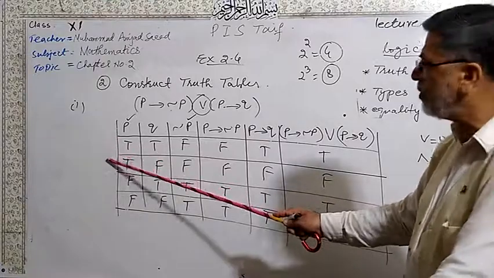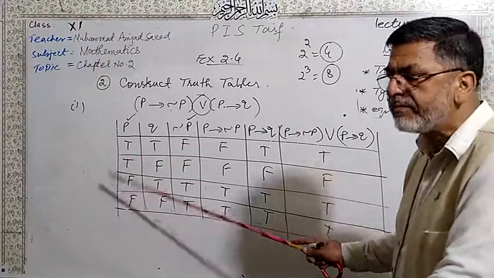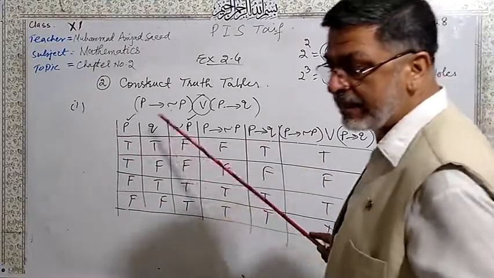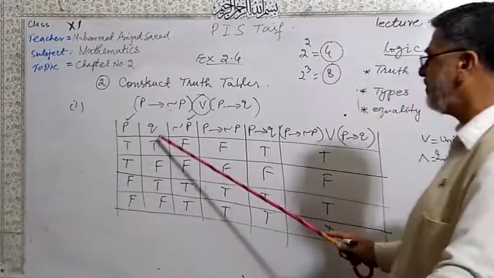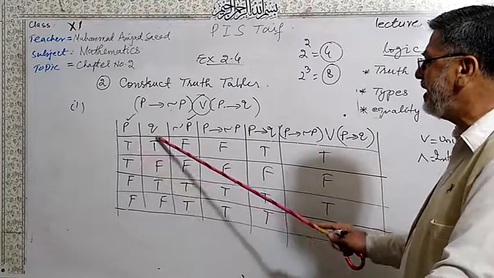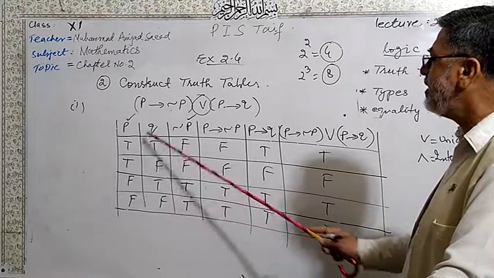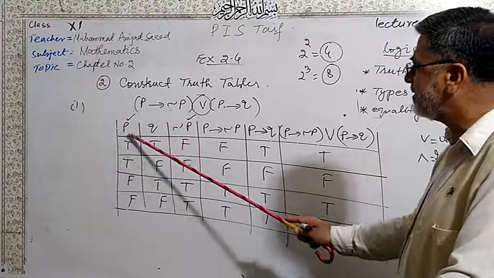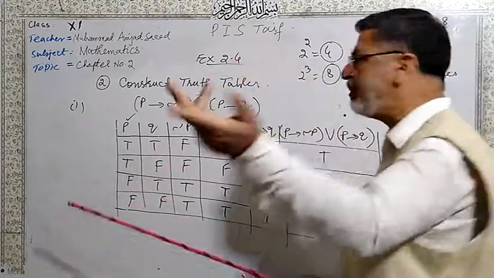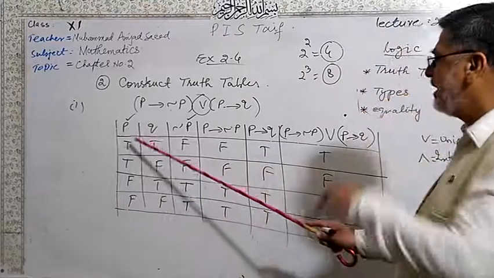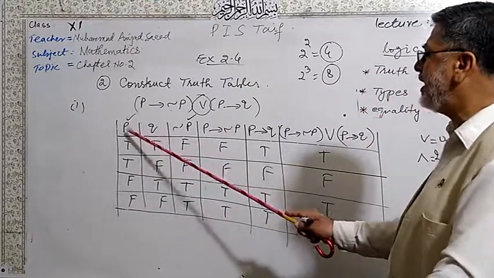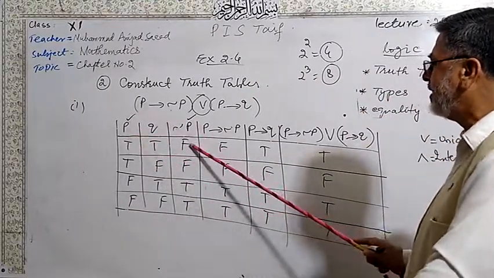So 50% true, 50% false. Here, 50% of 50%, meaning TF and TF. Not P is the opposite of P, just like a complement. If somebody is at home, he is not outside.